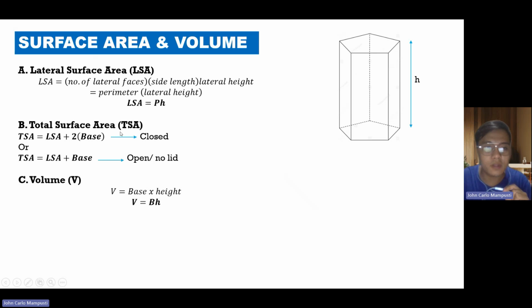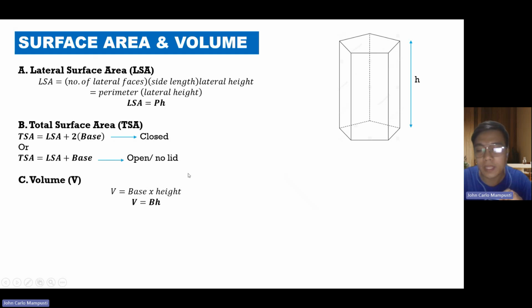Letter B, we have the total surface area. This is equal to the lateral surface area plus dalawang base. Yun ay kung hindi sinabi or sinabi na close yung tank or yung prism. So, ang total surface area niya is LSA plus dalawang base.